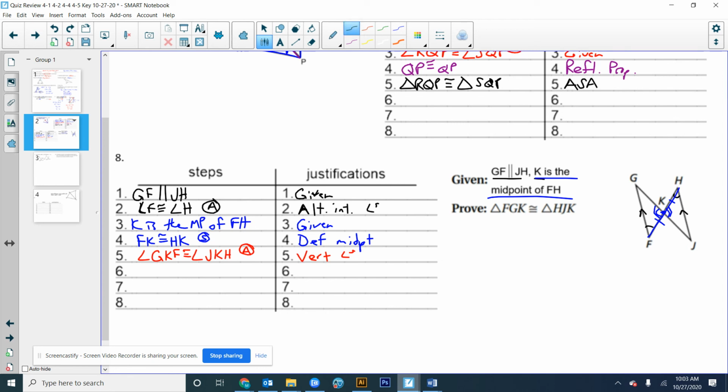Is it ASA or is it AAS? Is the side between the angles or is the side not between the angles? It's between. So A, S is between A.